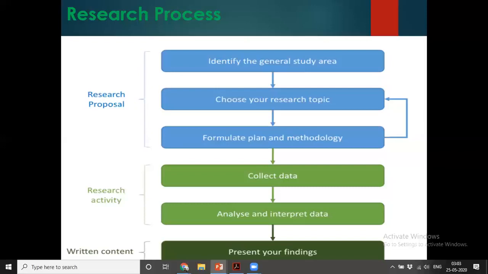Whatever conclusion you get from the result, you have to show it to the scientific community, and you can do that by writing an article. That is presenting your findings. It must be in written content, and you must show it to the scientific community and acknowledge your idea to them.